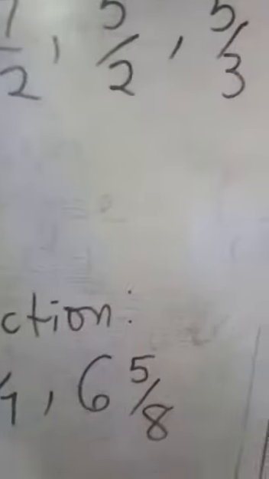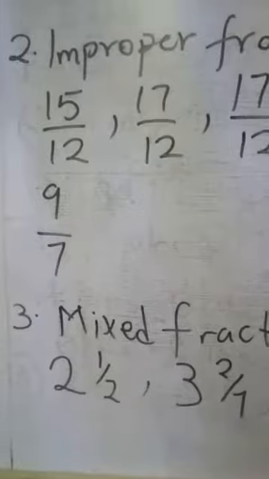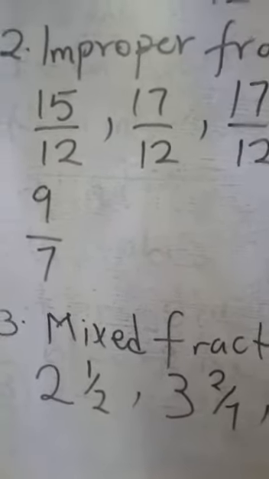Let's say 3 whole number 2 over 7. The next example could be 6 whole number 5 over 8, and so on. But I just mentioned that mixed fractions or mixed numbers come from improper fractions.